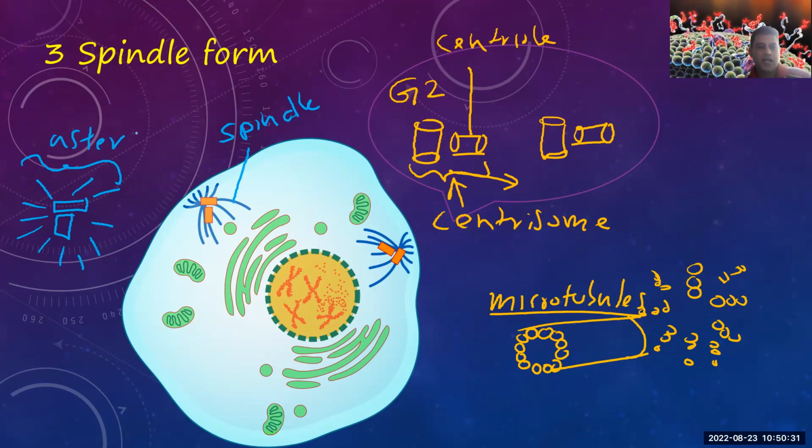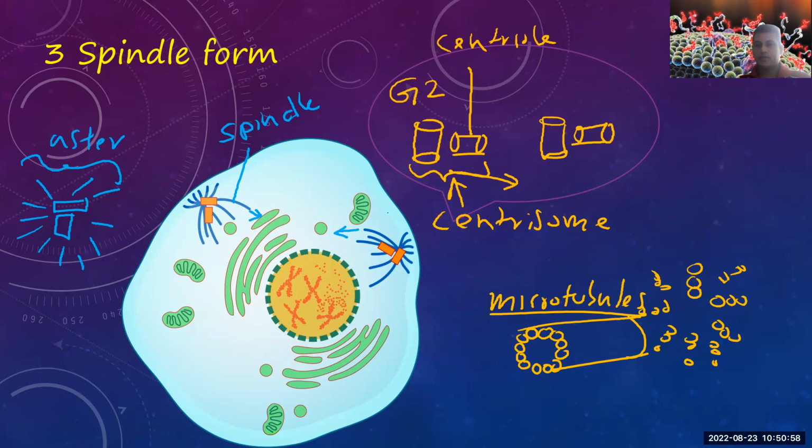So it is a star shape because microtubules form around it. In this picture, you can understand they can extend more towards this direction because space is there, they can extend.